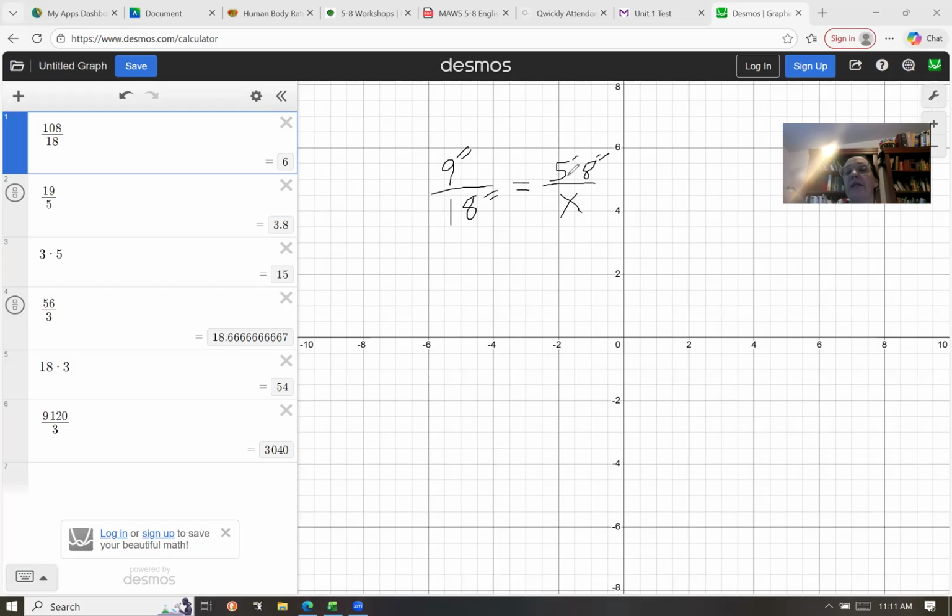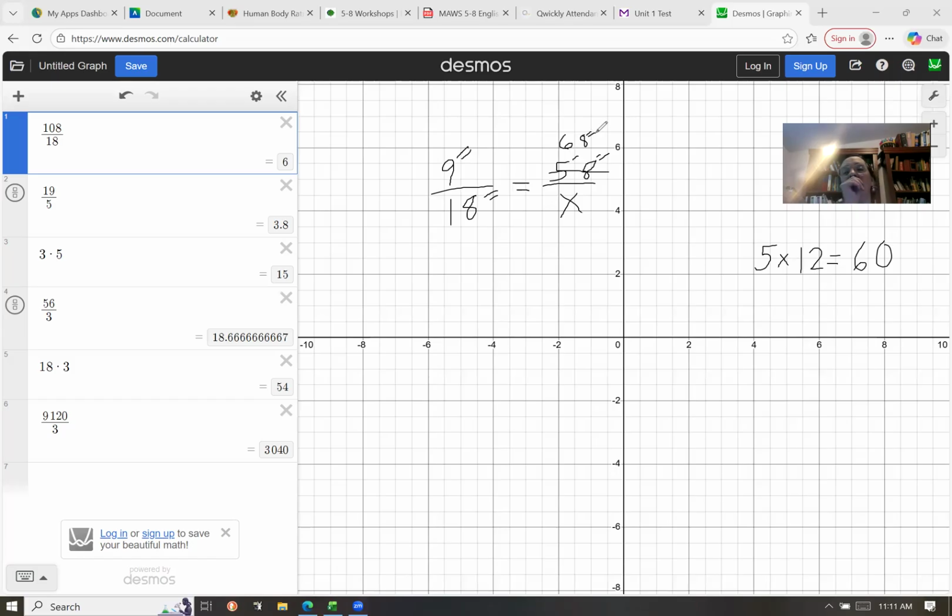So 5 feet converted into inches would be 5 times 12 because there's 12 inches in a foot. So that would be 60 inches for 5 feet. And then we need to add the 8 inches as well. So 5 foot 8 inches is actually 68 inches.